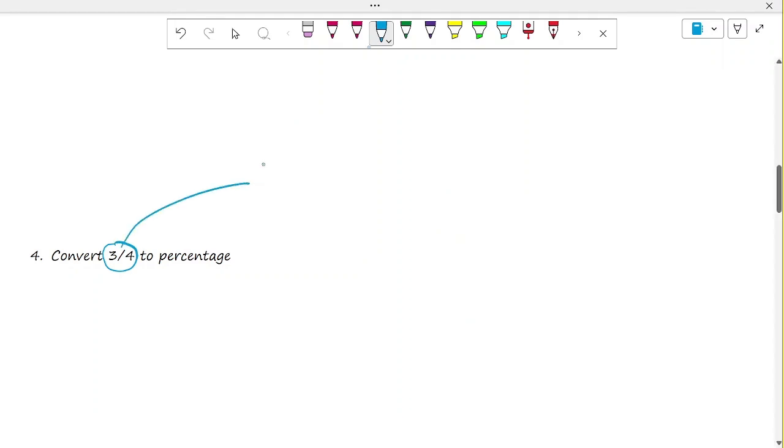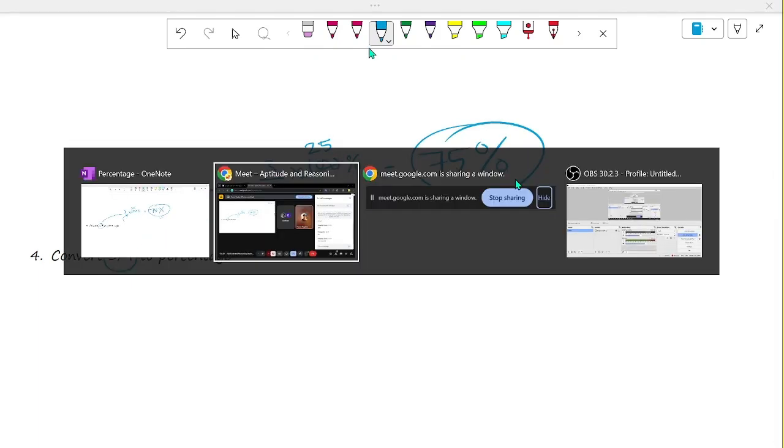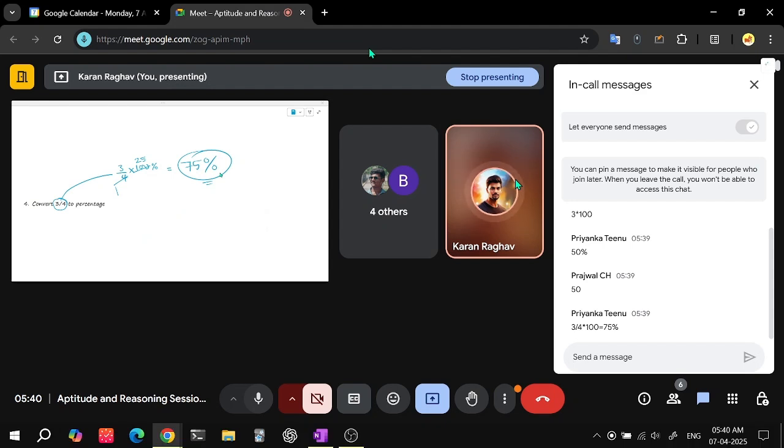Take the number 3 by 4, just multiply it with 100 and give percentage. This will become what? 4 ones are 4, 4 twos are 8, 4 fives are 20, 25. Right. So 25 into 3, 75%. So 3 by 4 is nothing but 75%.